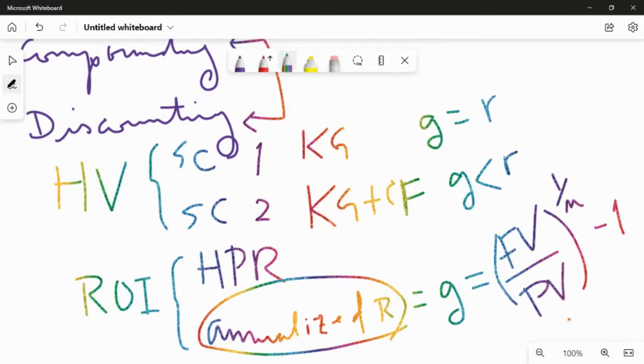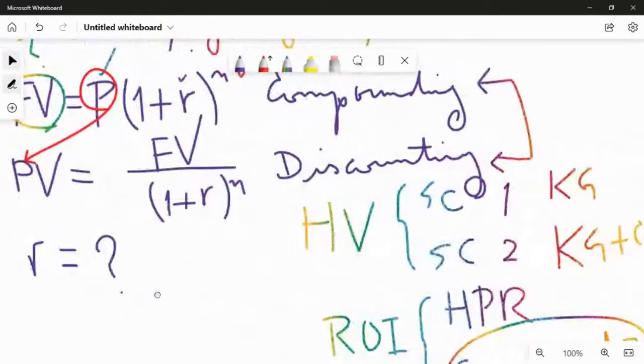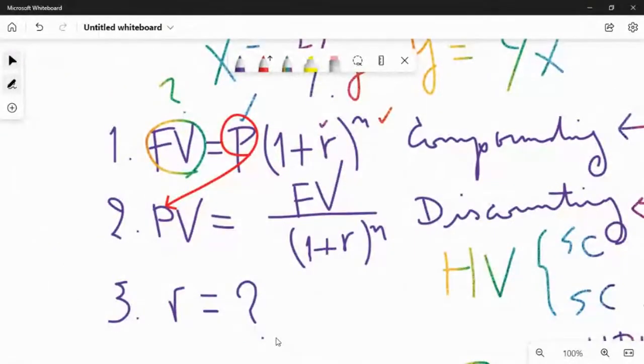At the time, I told you I couldn't explain how this formula is derived because you were not ready yet, so I just gave it to you and you had to memorize. But the reason I'm doing this is so that you don't have to memorize anything, as long as you can derive it from the first formula.